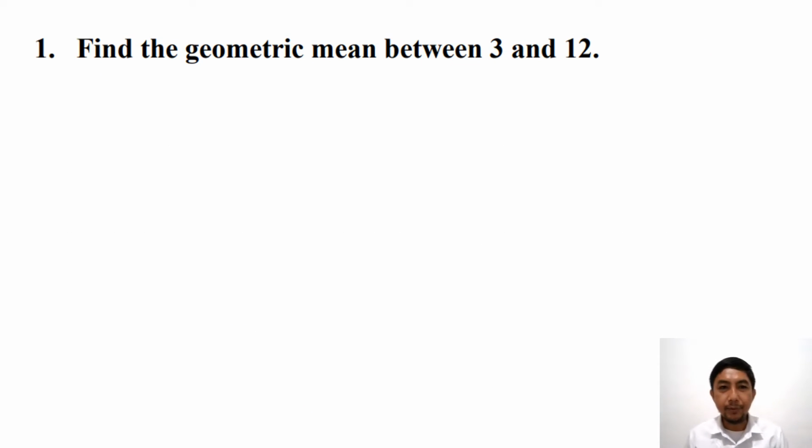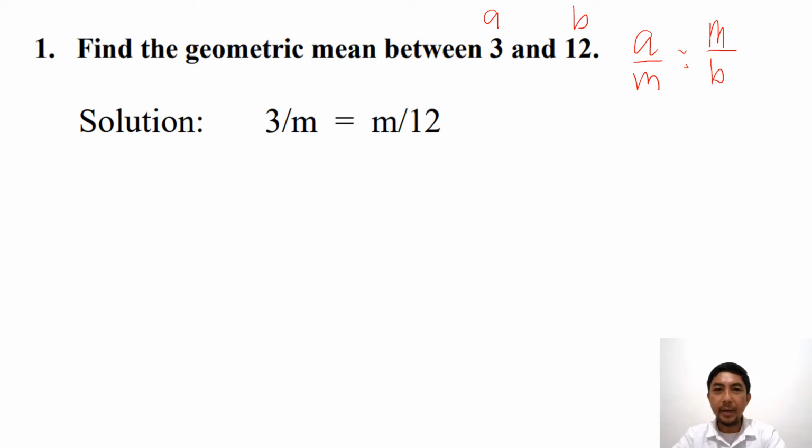Okay, so let us try to consider the first example. We want to find the geometric mean between 3 and 12. If we represent a equals 3 and b equals 12, then by using the equation a over m equals m over b, we have 3 over m equals m over 12.